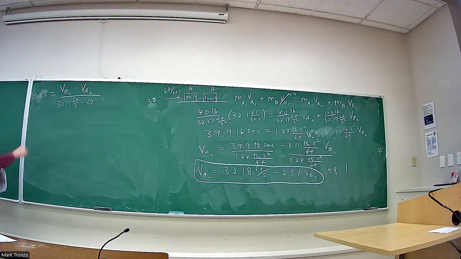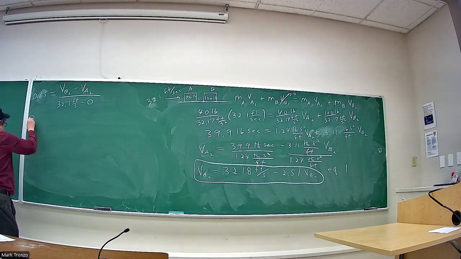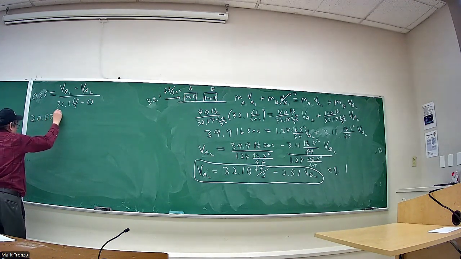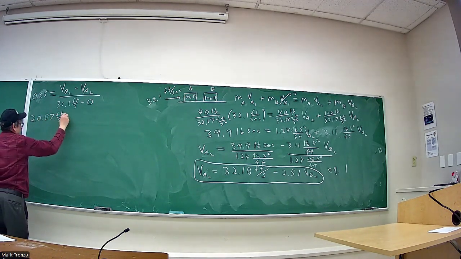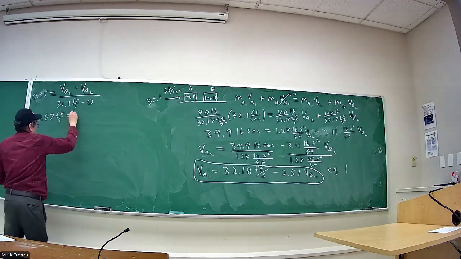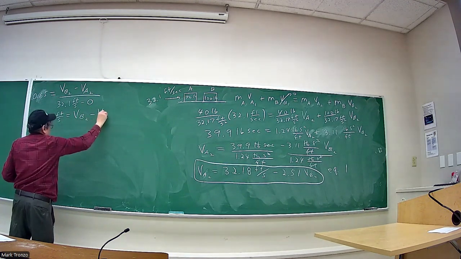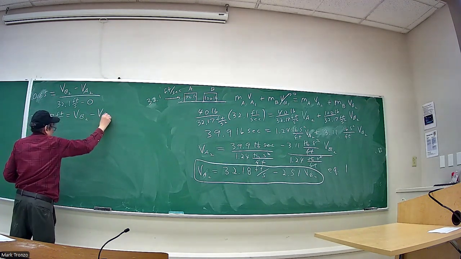And then this is just 32.1. So on the left-hand side, we're going to have 0.65 times 32.1, which is 20.87 feet per second, equals VB2 minus VA2.